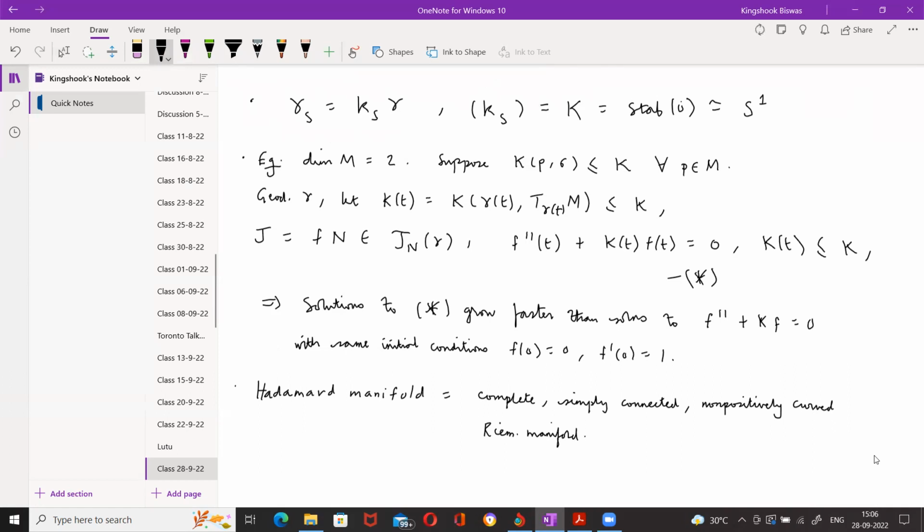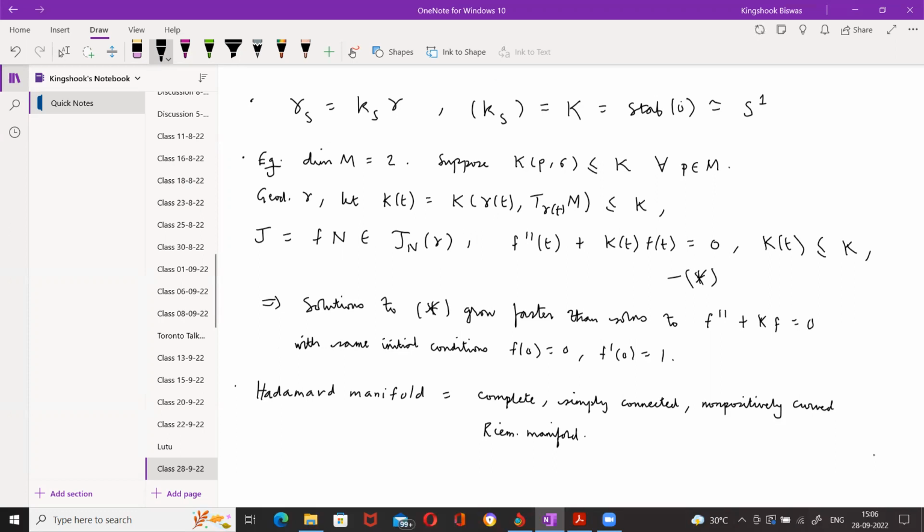So the Cartan-Hadamard theorem says that for any Hadamard manifold, the exponential map is a diffeomorphism from the tangent space to the manifold. Examples of Hadamard manifolds are symmetric spaces of non-compact type, whether rank 1 or higher rank, all of them are non-positively curved.